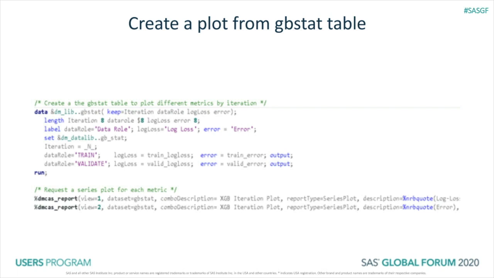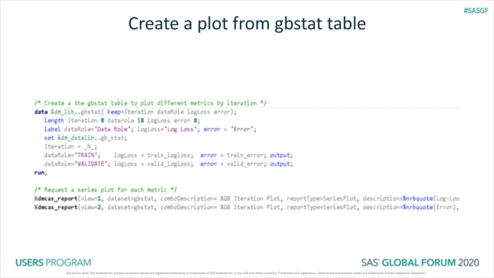We now create a report such that we can display either of our calculated metrics for the training and validation data. We obtain the gbstat datasets from the CAS CB_state table by adding the iteration number and modifying the structure of the table so we can plot it.